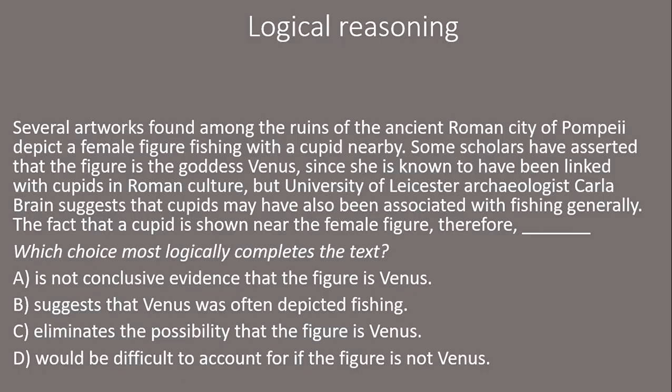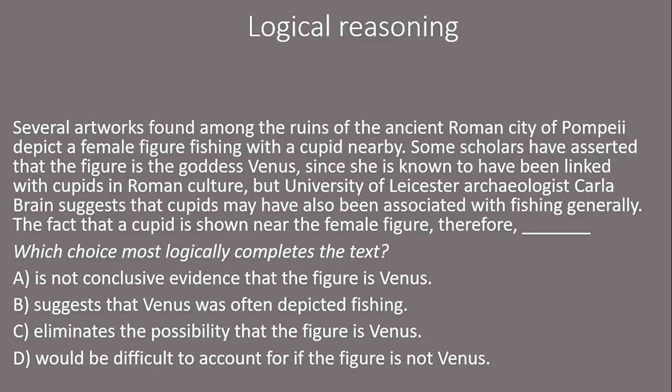Now, what do I mean by that? In the first part of the argument, the text says that an artwork or several artworks found among the ruins of the ancient Roman city of Pompeii show a female fishing and there is a cubeb nearby.